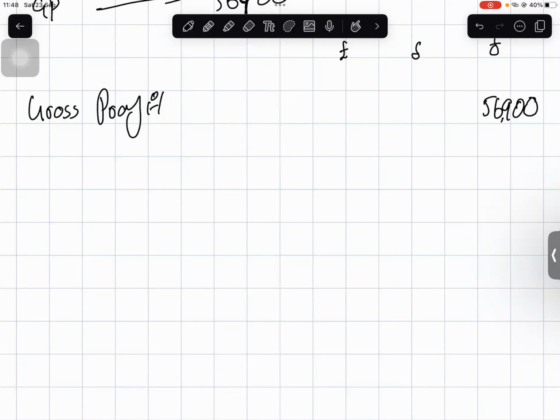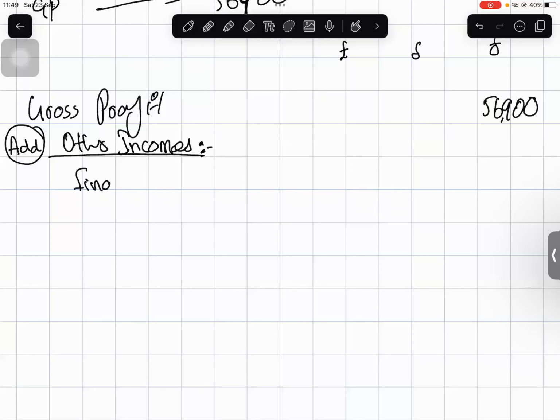Okay, so what do we do after gross profit, Zen? Other incomes. Absolutely. So we will first write the incomes, then we write the expenses. So under other incomes, what should I write? Sir, finance income. Good. Zen, do you know what finance income is?